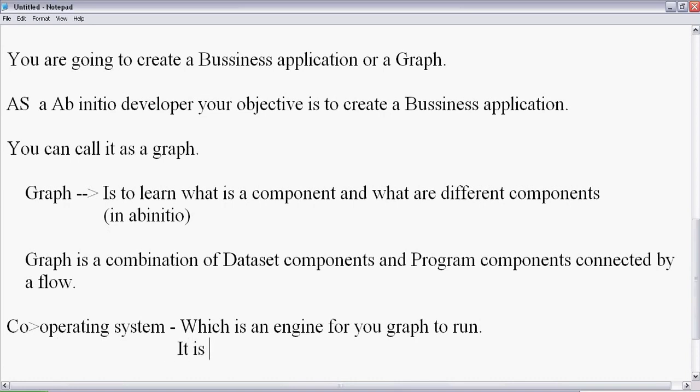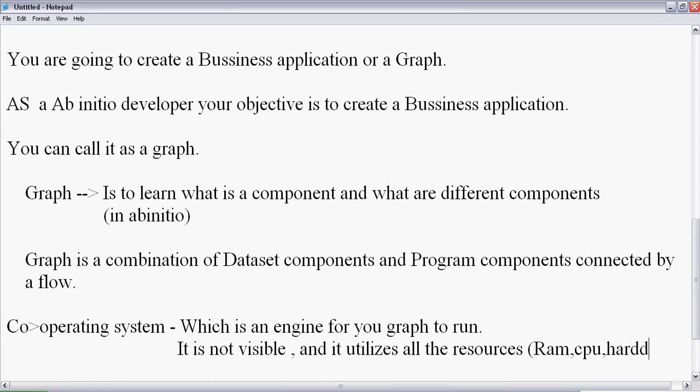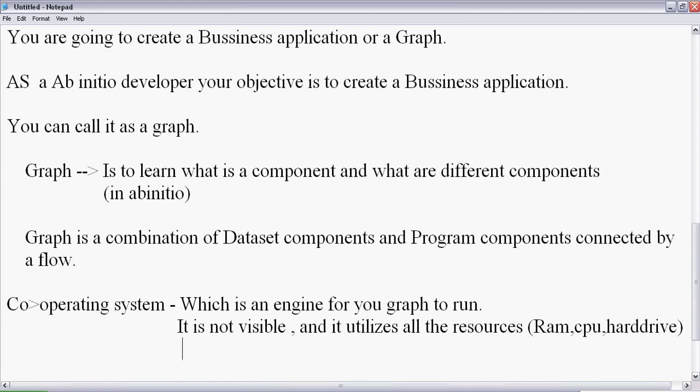It is not visible, and it utilizes all the resources, like RAM, CPU, and hard drive. Where is this cooperating system installed? It is installed on your native operating system.